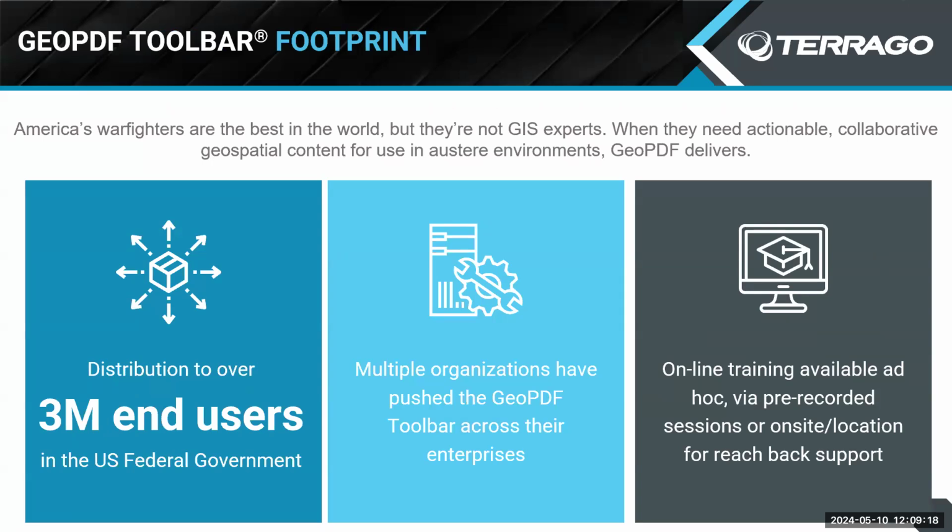So this is inside of the federal government, but inside of your organization, all anyone has to do is go to our website at terragotech.com, and there is a products tab at the top, and I can show you that as well, on how to pull that down. And then just run the installer. We ask for your contact information because we always do updates to this application, and so we can inform you of when there is a new release.